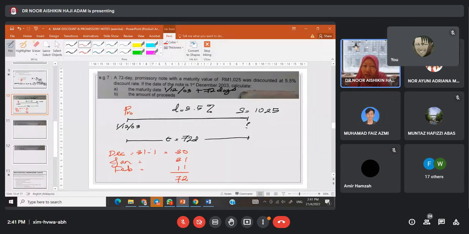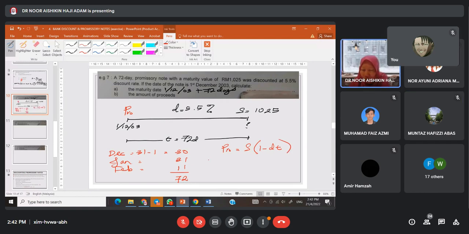Tapi ada tak formula yang lebih direct? Proceeds equals S minus D. Itu. Proceeds equals to S times bracket 1 minus DT. Yeah.